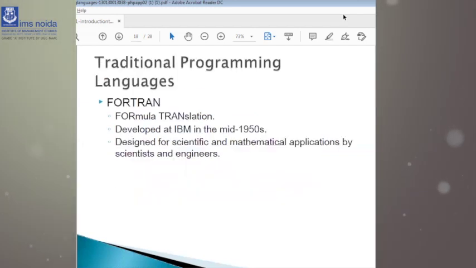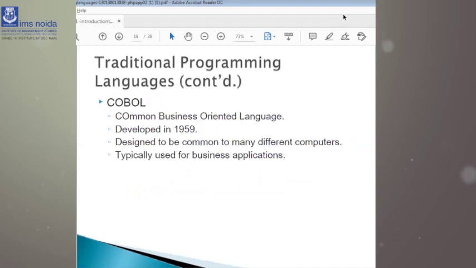So let's start. Traditional programming languages like Fortran, Formula Translation, developed at IBM in the mid 1950s, designed for scientific and mathematical applications by scientists and engineers. Next is COBOL, Common Business Oriented Language.